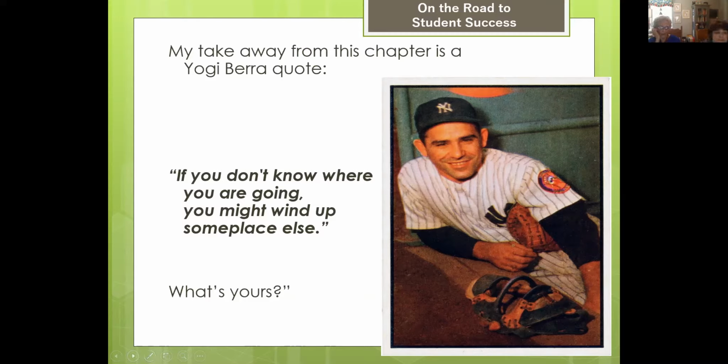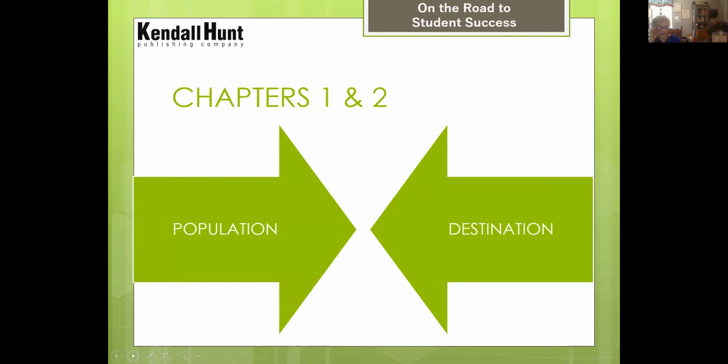Well, the transportation chapter is really the longest because it's chock full of instructional strategies that we have developed and collected from teachers over a long period of time. Yeah, so we've talked to you a little bit about how we've set up the two beginning chapters, population and destination. The arrows that come together are intentional.